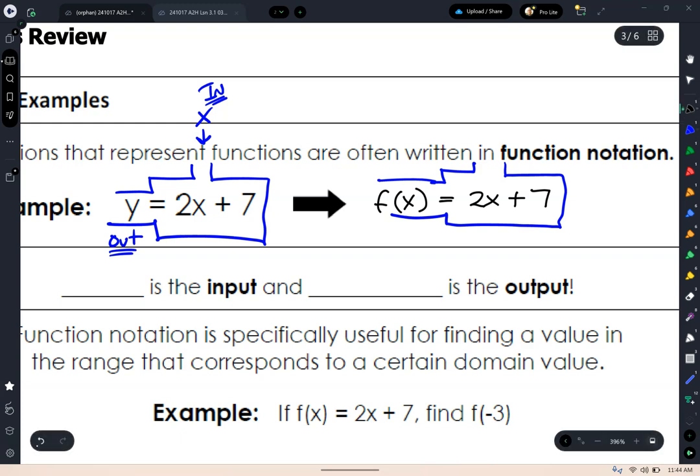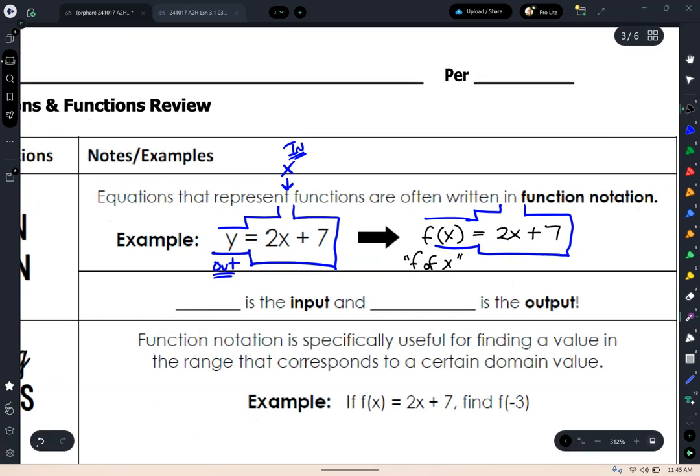However, this right here is read f of x. Or think of it this way: it is the output f at the input x. That's what that's reading. Okay? So your input, again, is still going to be your x, and your f of x, or g of x, or h of x, or b of x, or d of x, or whatever, is going to be the output.